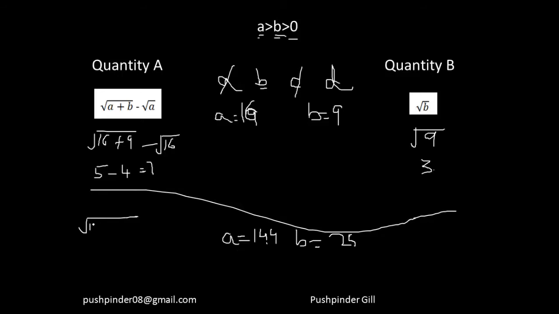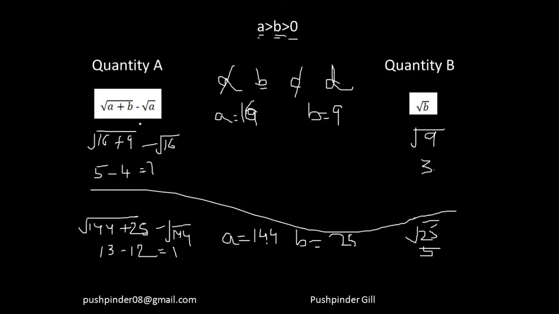Root of 144 plus 25 minus root of 144, right? And this becomes root of 25. Root of this is 13 minus 12, so that becomes 1, and this becomes 5. Now think a little algebraically here.